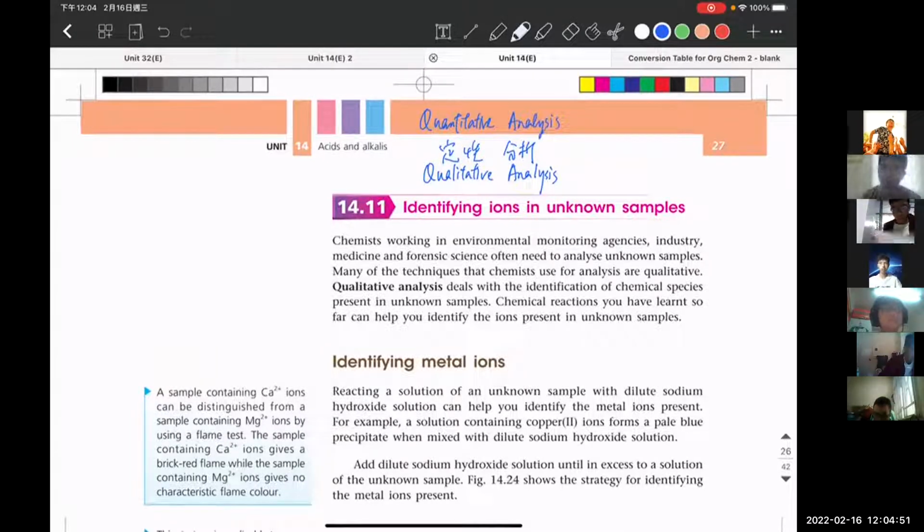For example, just yesterday, Consumer Council has released a report about the food safety. Do you know what's that? Tell me what do you know about the Consumer Council report yesterday? Talk about something. What is that?